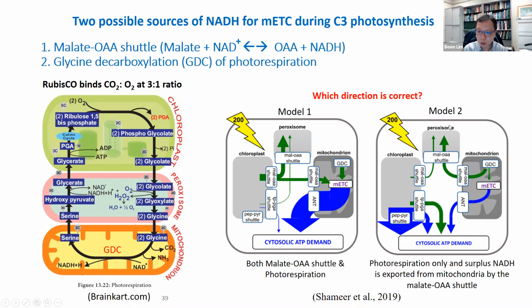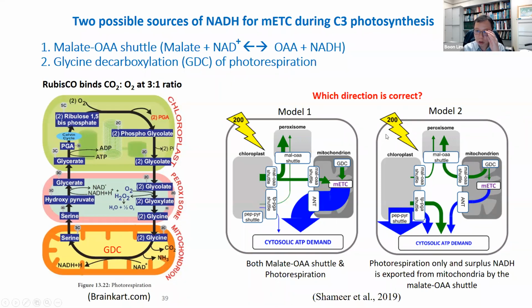And in model 2, photorespiration is the major source of NADH to the mETC, and its supply is larger than the capacity of the mETC, so that surplus NADH has to be exported from the mitochondria through the malate-OAA shuttle.